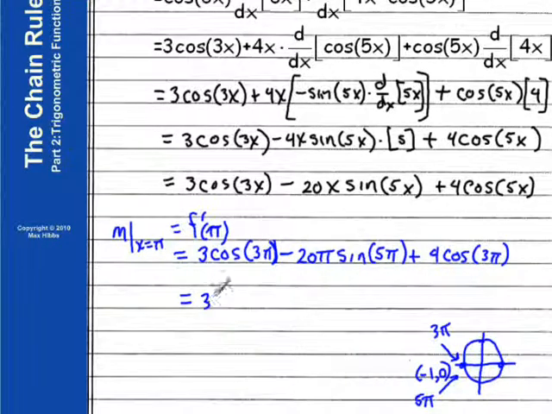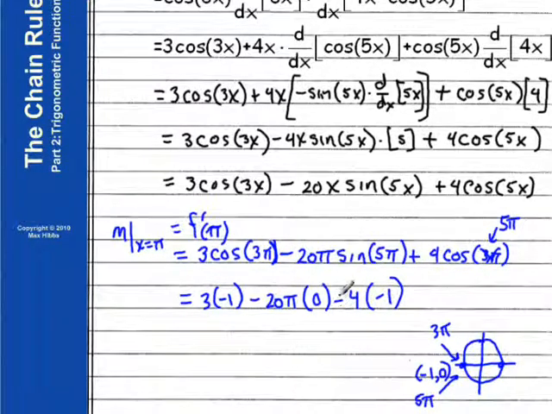And so now we're able to do a little more work. We have 3 times the cosine of 3 pi. Cosine of 3 pi is -1. Minus 20 pi times the sine of 5 pi, which is 0. And then plus 4 times the cosine of 5 pi. Actually, I apologize, way up here, this is not 3 pi, it's 5 pi. But regardless, the cosine of 5 pi is still -1.